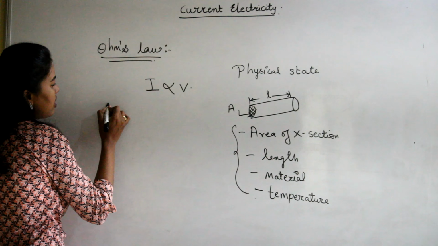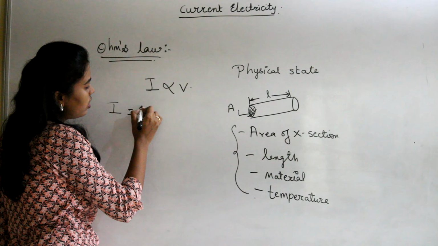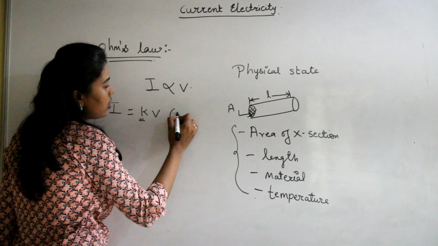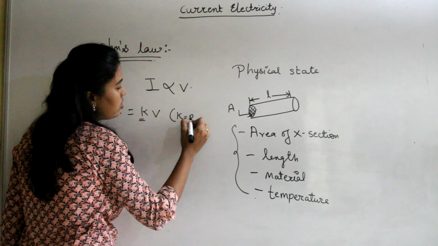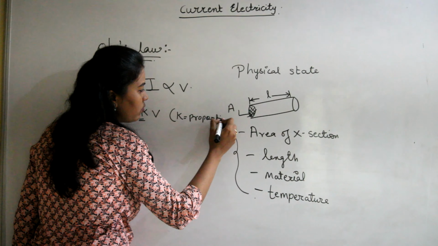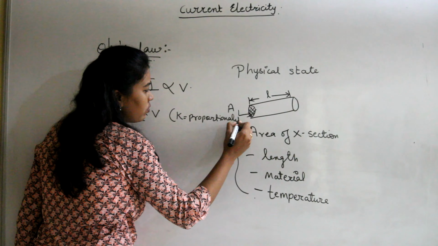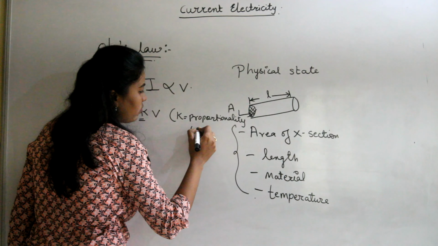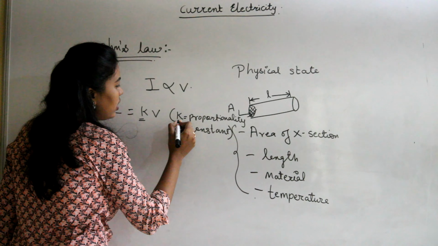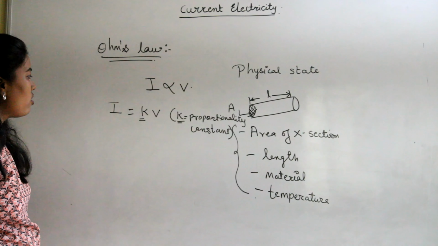So we can write this as I is equal to K into V. So what is this K? K is nothing but the proportionality constant.